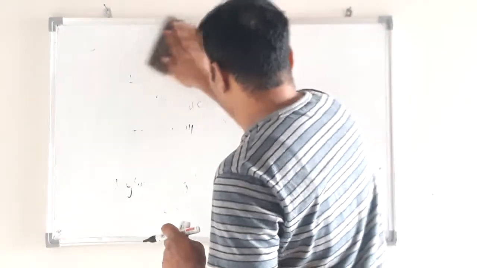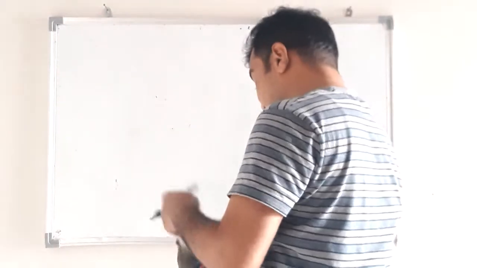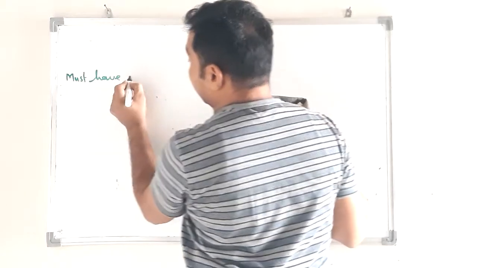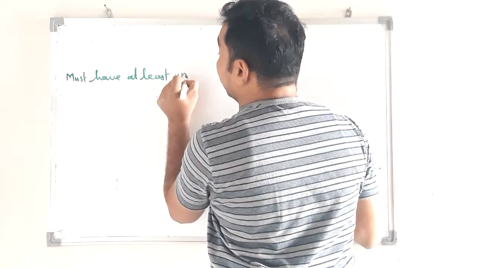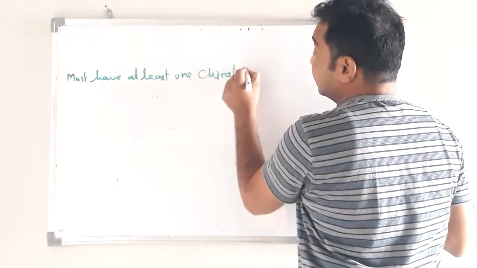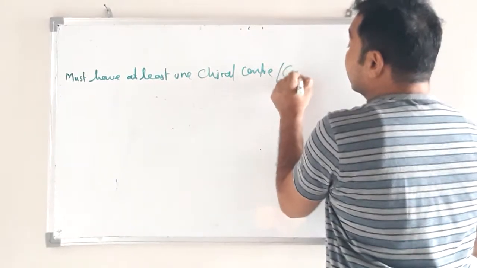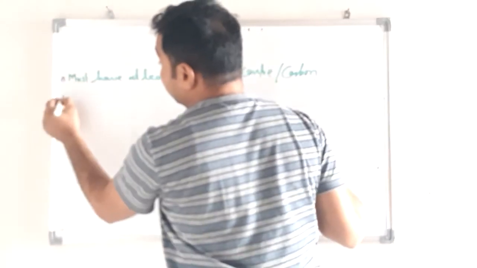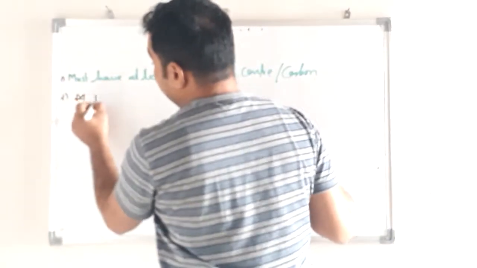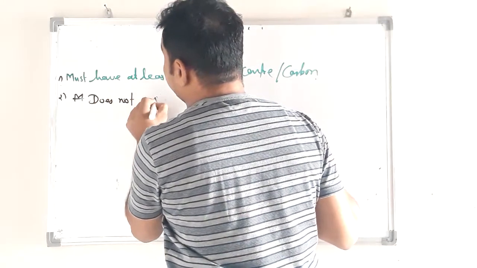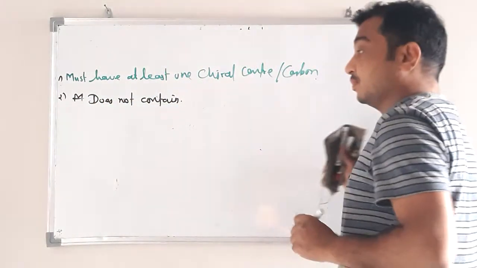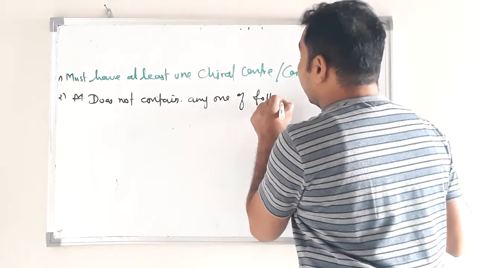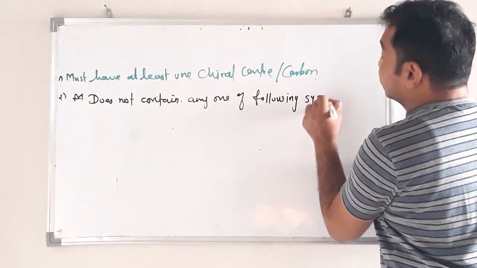The molecule must have at least one chiral carbon atom, chiral center, and also must not contain any one of the following symmetric operations.